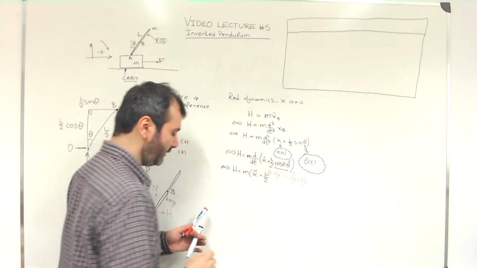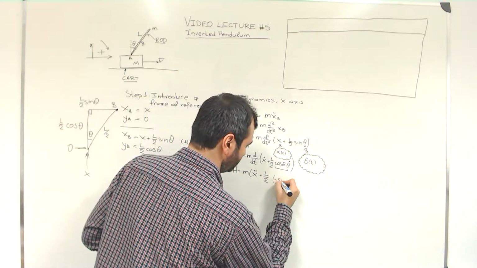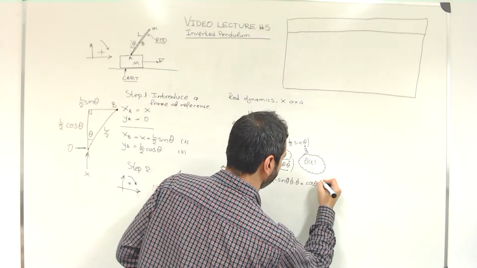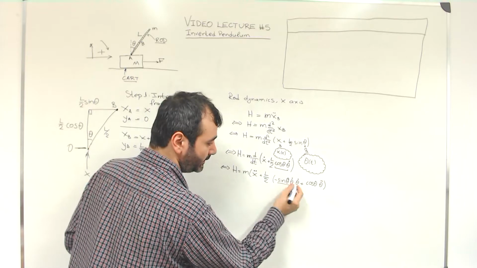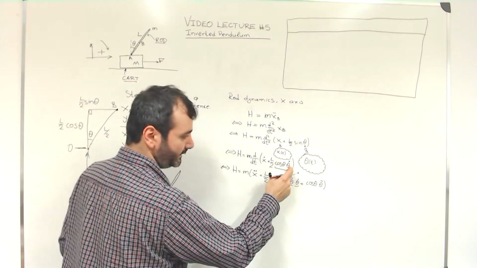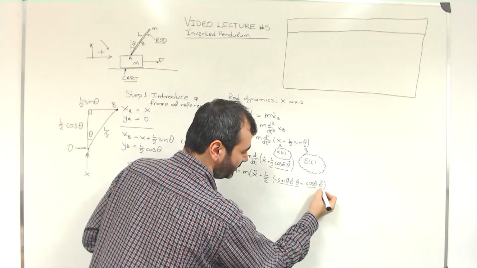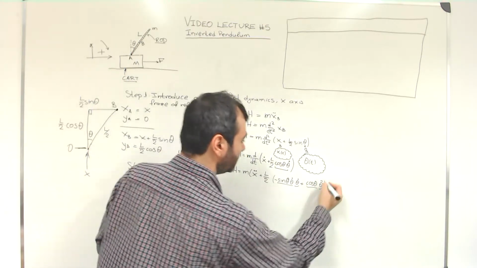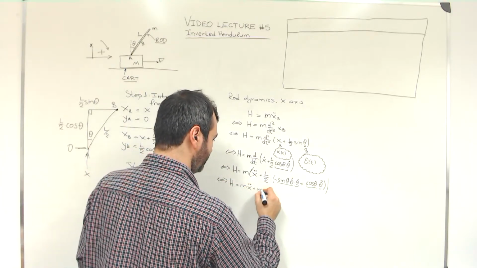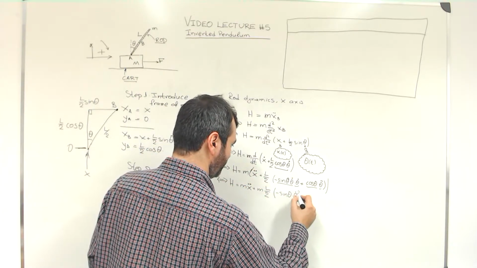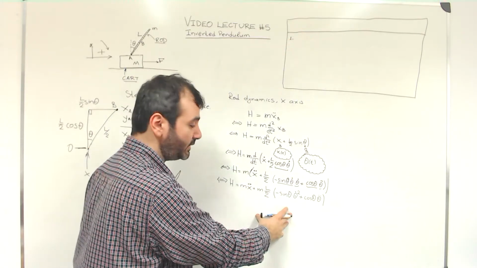So it is the derivative of cosine, that one, times theta dot times the second, plus the first function times the derivative of the second one. And to simplify, so this is the first useful equation we have.